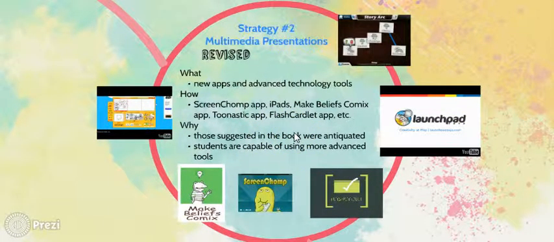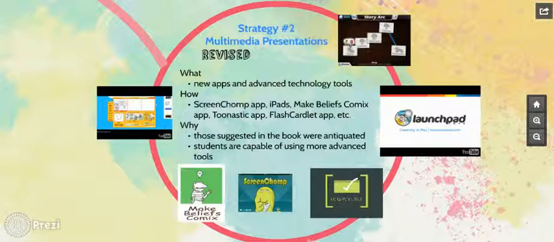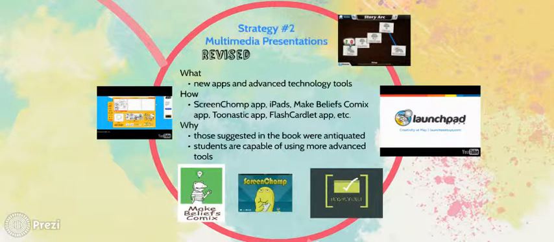So why should we use these new apps and technologies? Well, the ones that were suggested in the original version were antiquated, and students are capable of using more advanced tools and higher order skills.